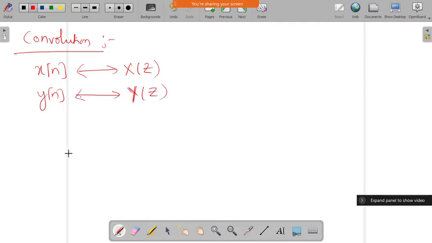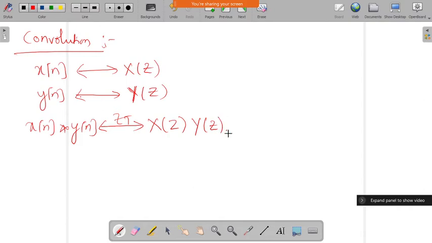Now if we convolve these two signals, x of n convolution y of n, the Z transform of the resultant will be the multiplication of these two Z transforms, that is x of z into y of z.